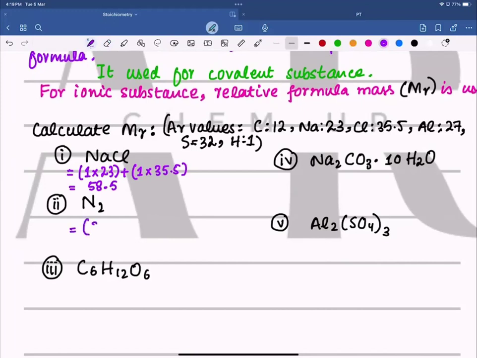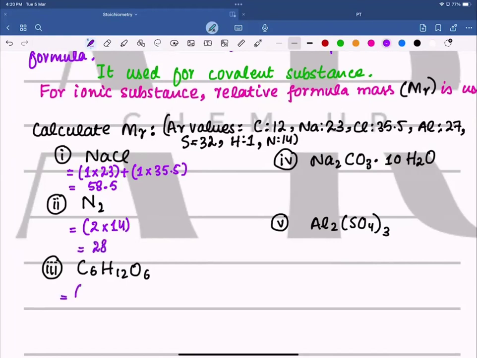Here, there are 2 atoms of nitrogen. And what is the AR of nitrogen? 14. So 2 times 14, it's 28.